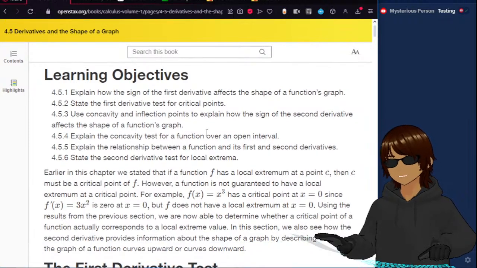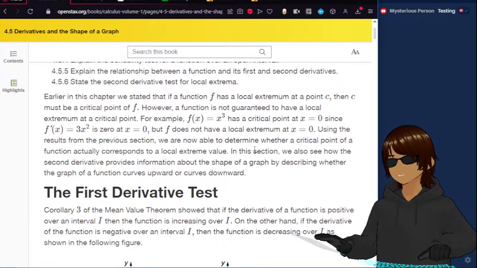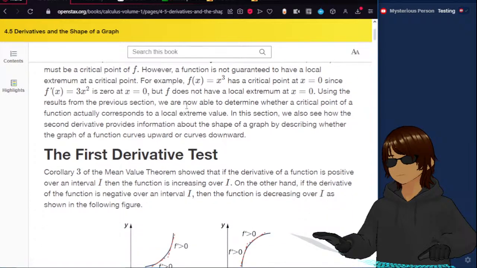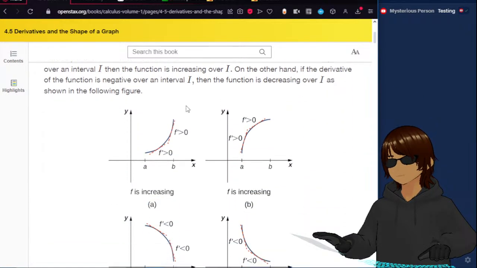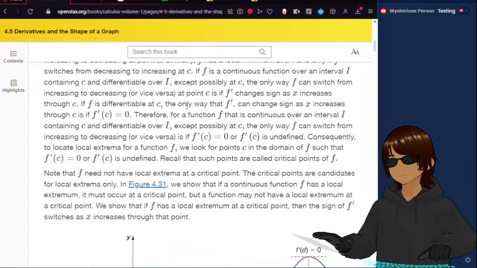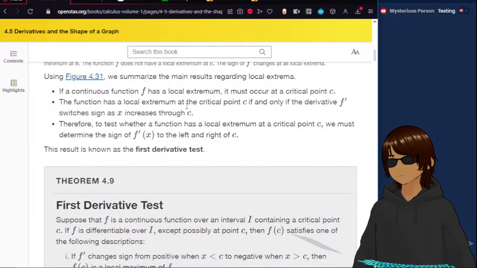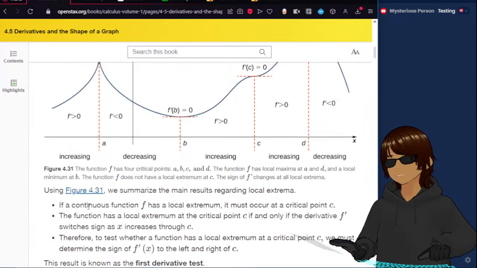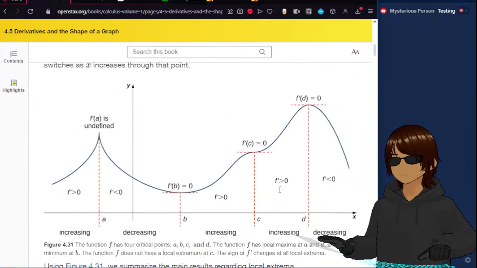Earlier in this chapter, we stated that if a function f has a local extremum at a point c, then c must be a critical point of f. The first derivative test. Using function 4.31, we summarize the main result regarding local extrema.